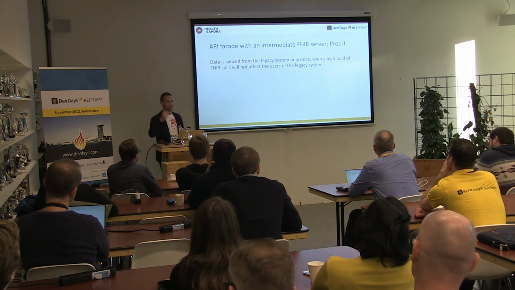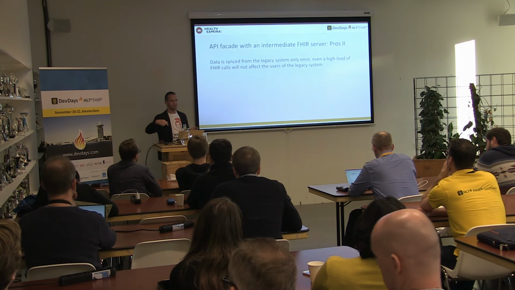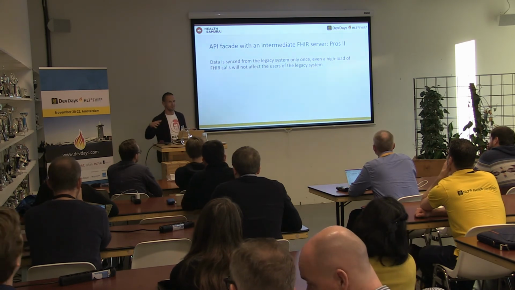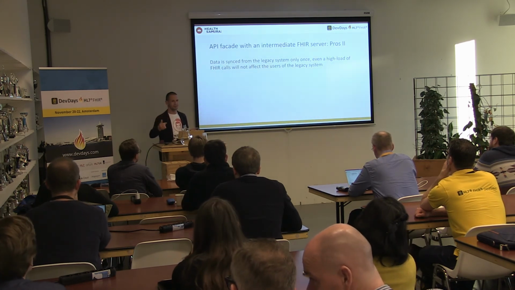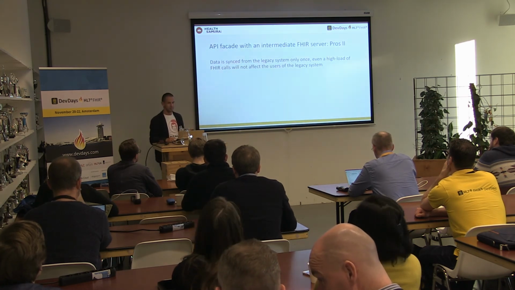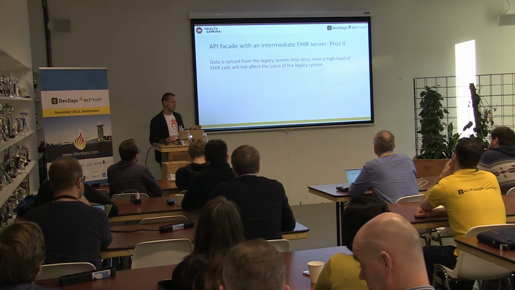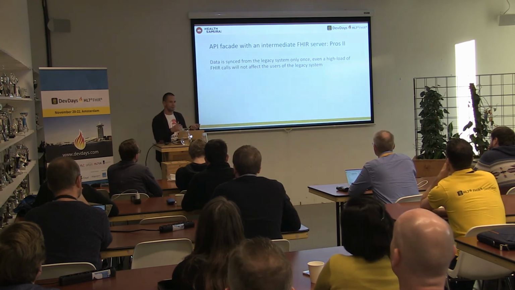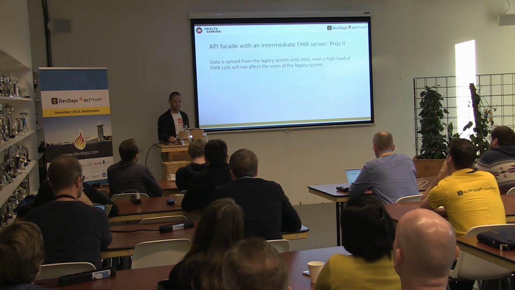If you imagine somebody requesting data continuously, like thousands of requests per second from your API facade, and it all goes to the underlying system, it might affect the performance and experience of regular users who work with the legacy system over some UI, etc.